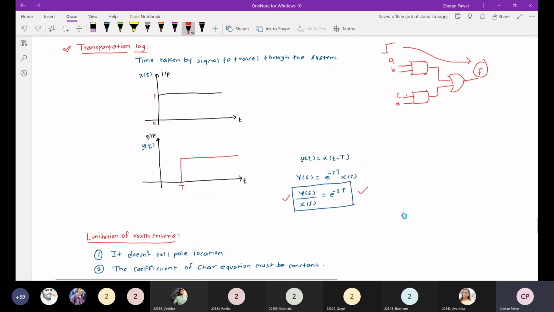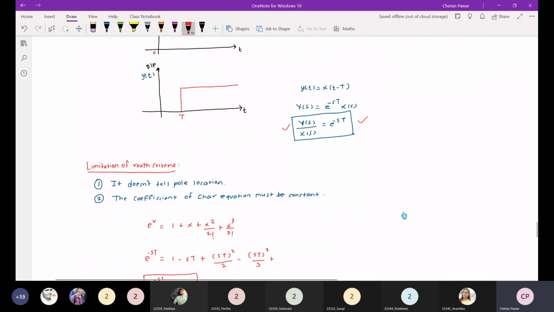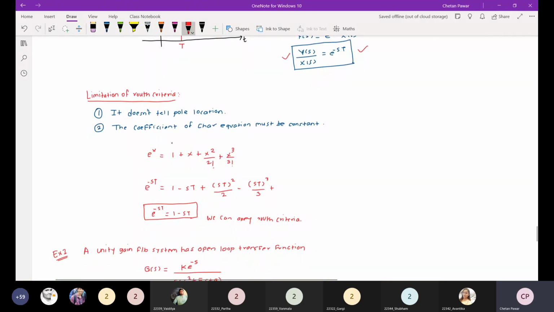Let us see the limitations of Routh criteria. The first limitation is that it doesn't tell the pole location. Using Routh criteria we only determine whether the poles lie in the LHP, RHP, or on the imaginary axis.